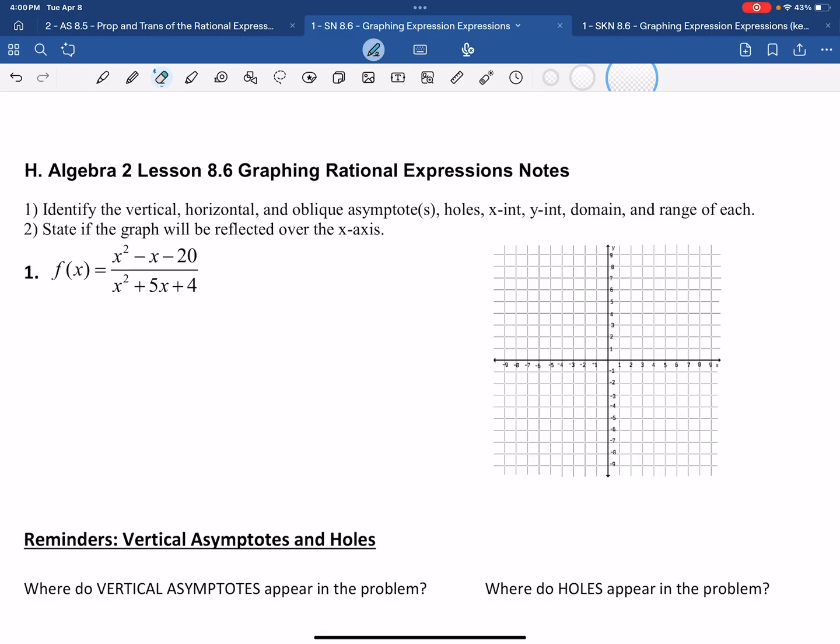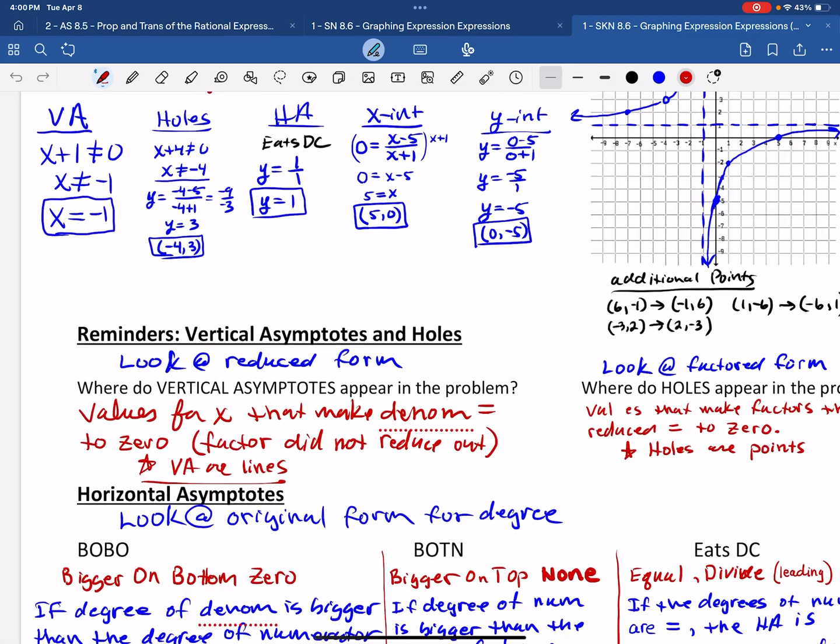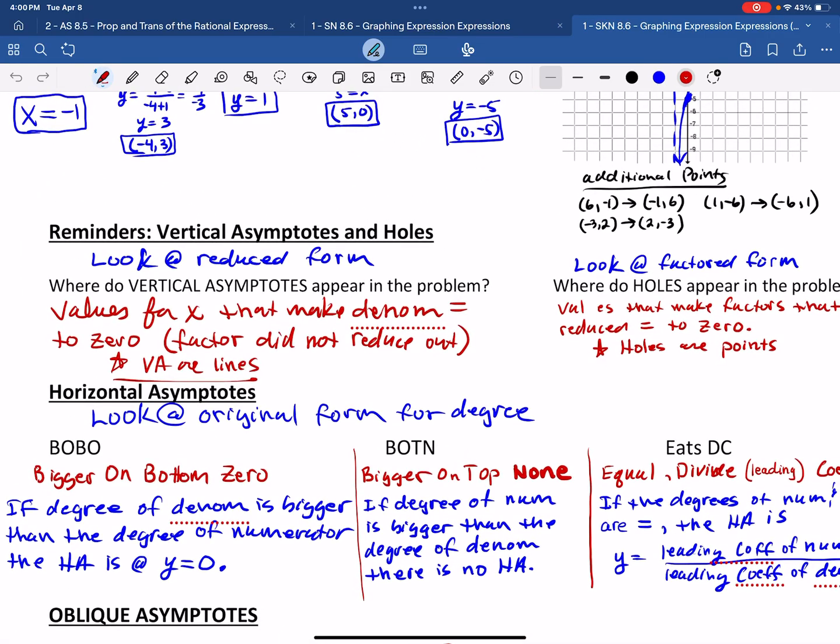So the first thing we're going to need to do is factor this equation and reduce it and get it into its reduced form so that we can find our vertical asymptote. Now, if you refer back to the notes down here at the bottom, we are going to have to use 3 different forms of the equation.